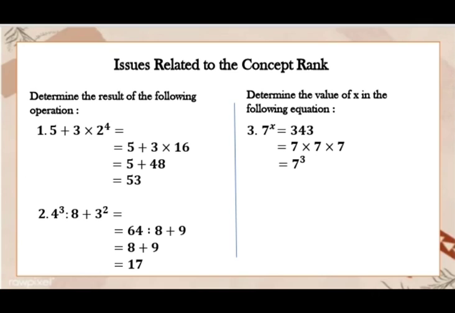Remember, x is the exponent, meaning 7 times 7 times 7 and so on until the result is 343. Let's just try it. First 7 times 7 is 49, then times 7 again the result is 343. Already finished. Since we only need 3 sevens, x will be equal to 3, so the result is 7 cubed.